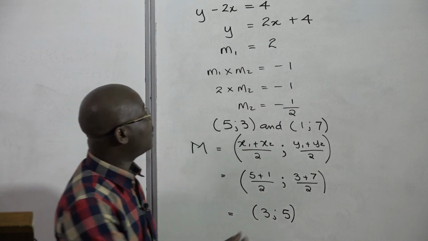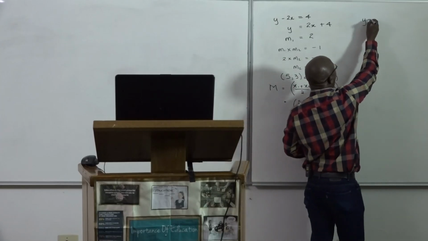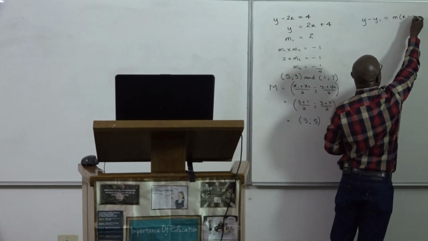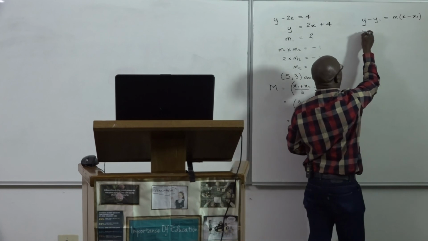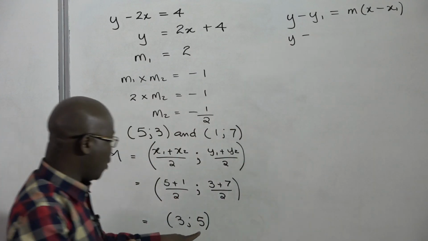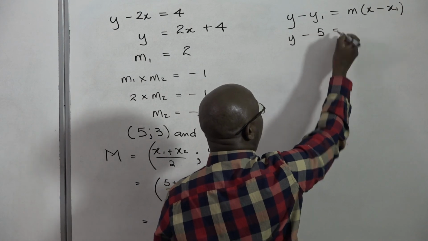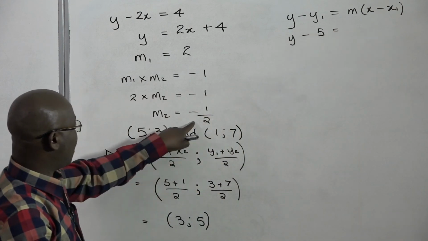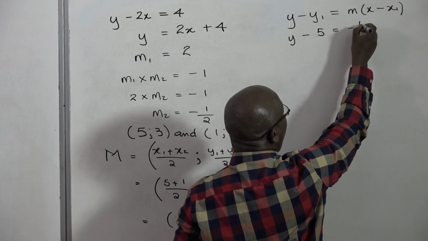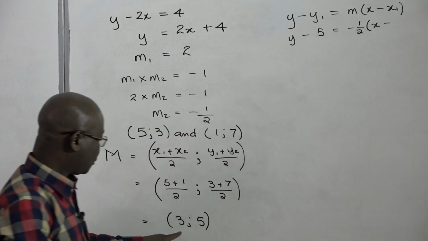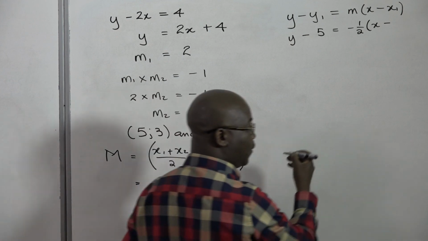How do we go about it? We go back to y minus y1 is equal to m in brackets x minus x1. y minus our y1, which is 5, is equal to m, which is our gradient, which is minus 1 over 2, times (x minus our x1, which is 3).